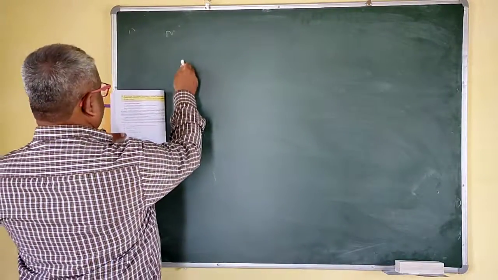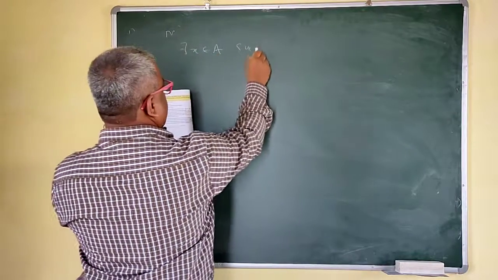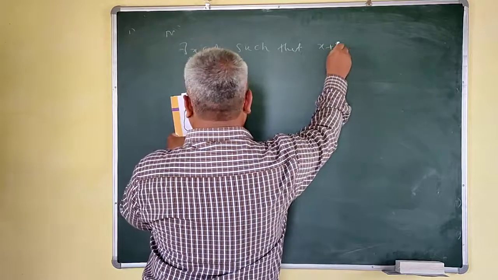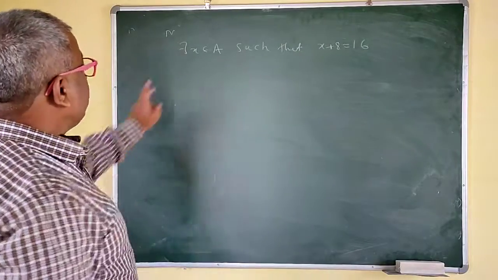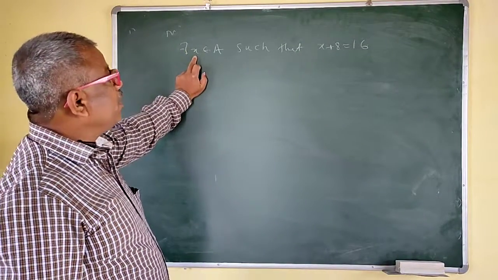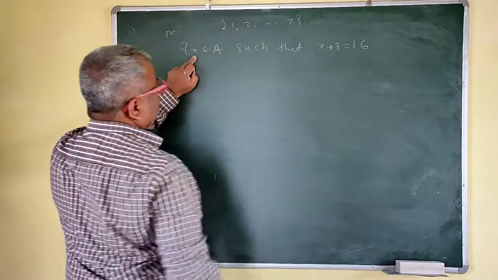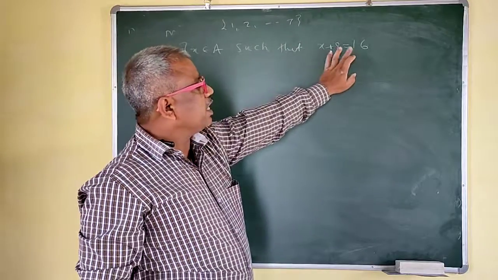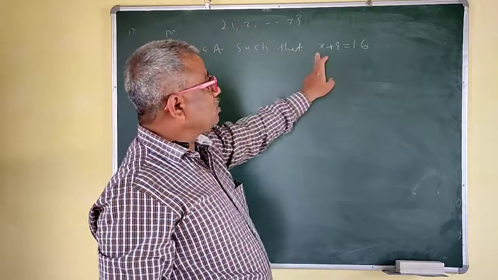Now, next one. There exists x belongs to A such that x plus 8 is equal to 16. Is it true? There exists. That means there should be at least one element. Right? Your elements are what? 1, 2, 3 up to 7. Now see here. Does there exist any element such that x plus 8 is 16? 8 plus 8 is 16, and we are up to only 7.